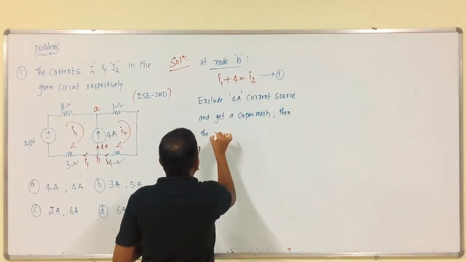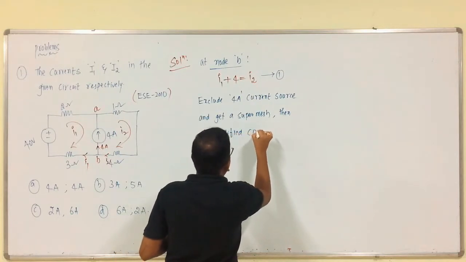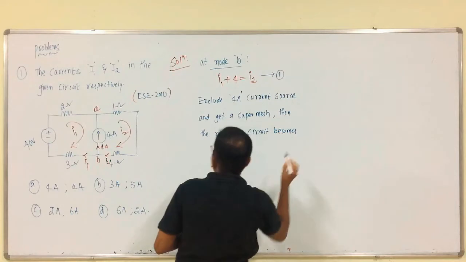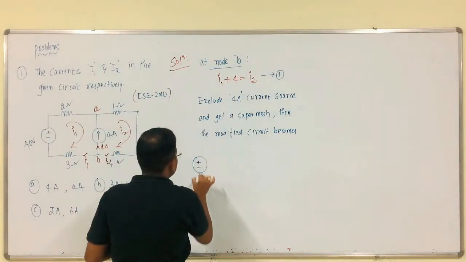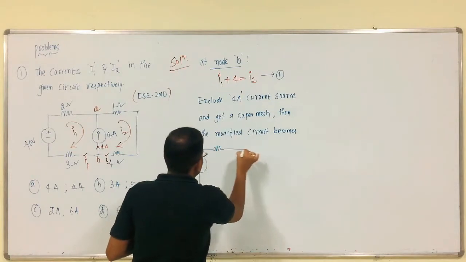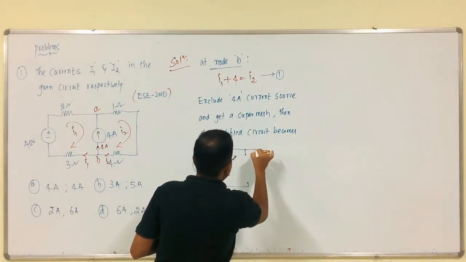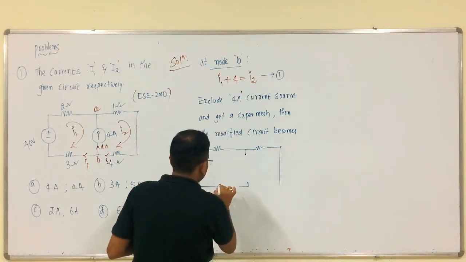Then the modified circuit becomes, we have plus minus, sorry, we have some resistive branch here.